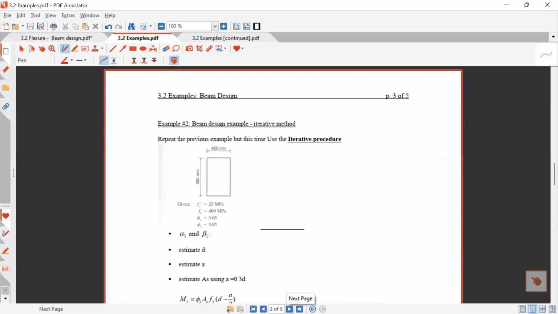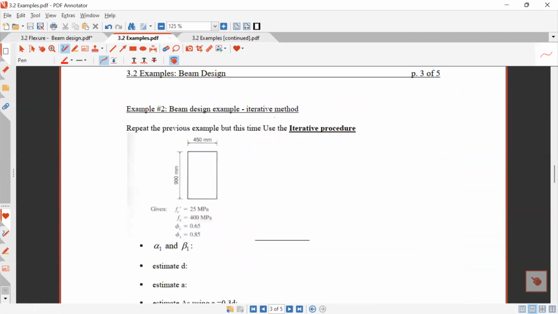Okay, so this is the same example we just did, but we're going to do it with the iterative procedure. So I'm on 3.2 examples on page 3. We're doing the iterative method. Alpha 1, beta 1 from before: alpha 1 equals 0.8 and beta 1 equals 0.9.